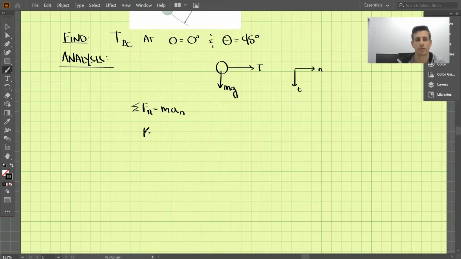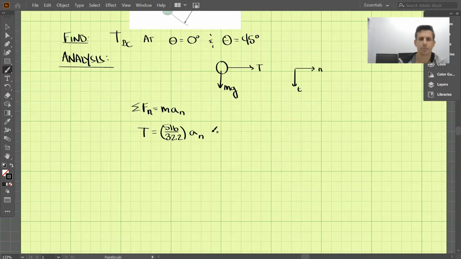We have just T, and T is equal to the mass of the bob, which is the weight of 5 pounds divided by 32.2 feet per second squared, times the acceleration in the normal direction.